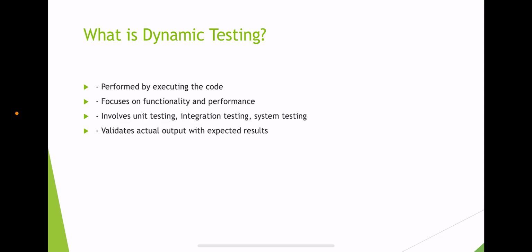It mainly focuses on verifying the functionalities, performance and behavior of the application. Its examples are unit testing, integration testing, system testing, and acceptance testing. It also covers regression testing, retesting, smoke testing, that type of testing.